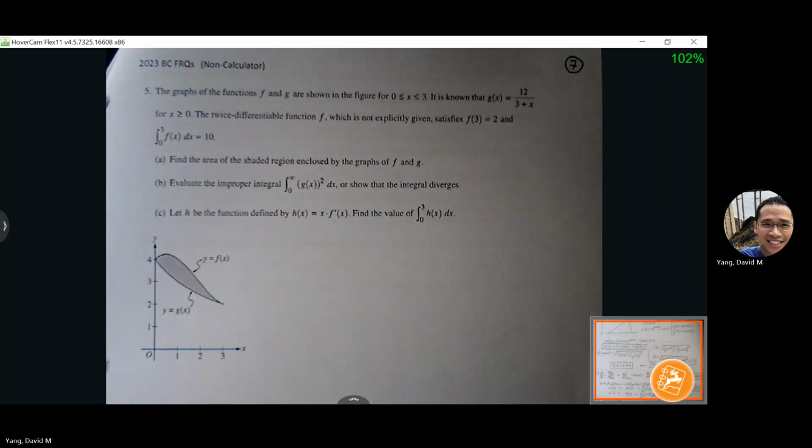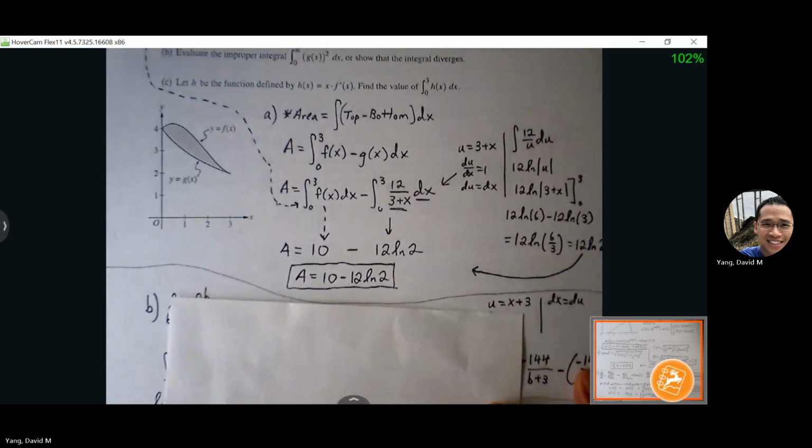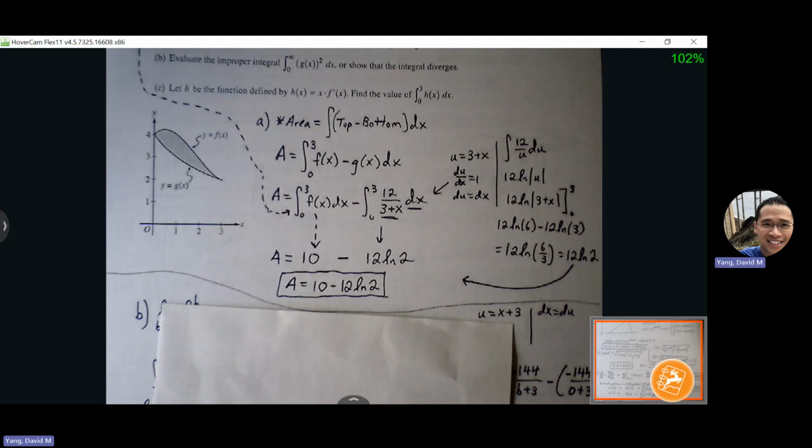Part A is just area, top minus bottom. Try that. This is non-calculator, so we have to go through all of our steps by hand. Okay, page 7.